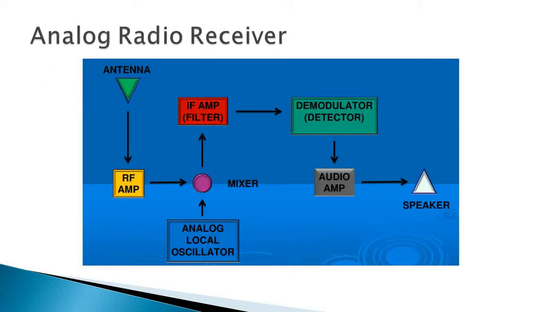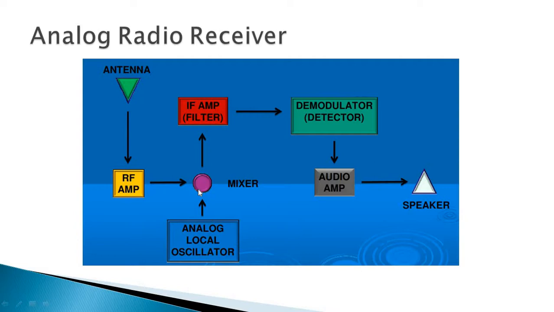This is the block diagram of an analog radio receiver, which was basically used in hardware radio. Here you will observe an antenna, then an RF amplifier, right? Then an analog local oscillator.